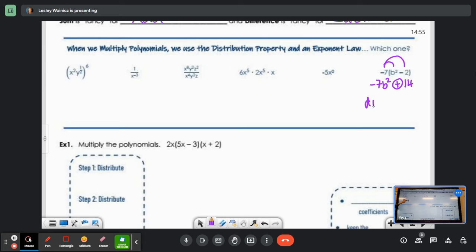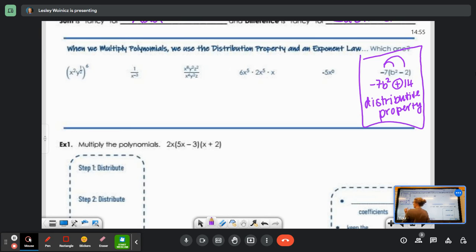That is the distributive property. So that is one of ours that we need today.